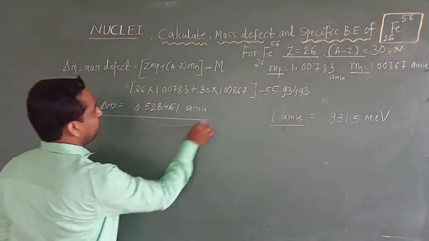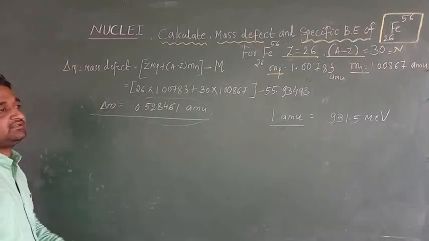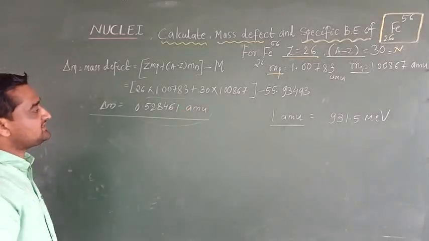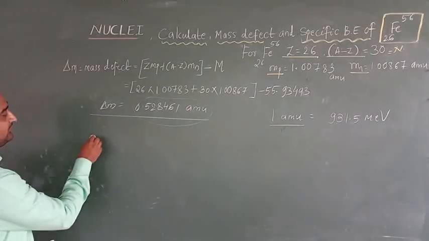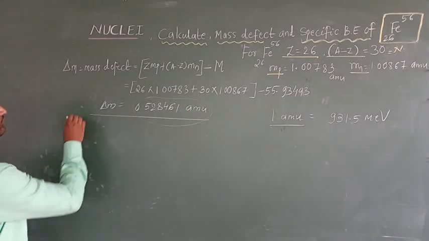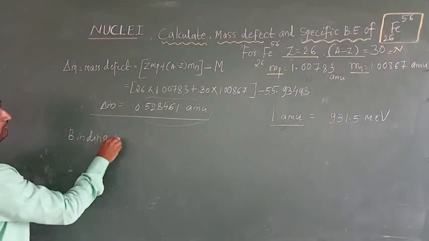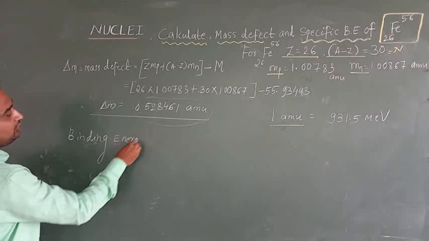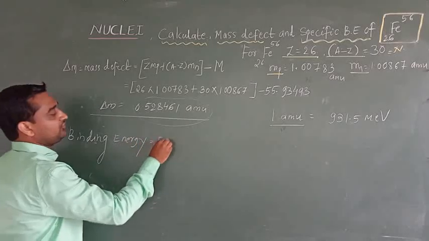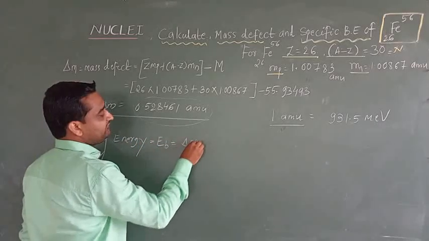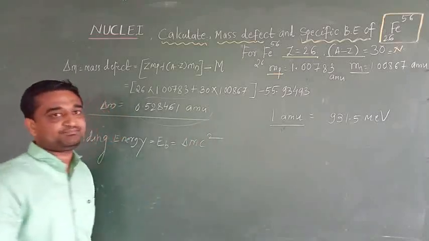So then we can calculate the energy by using the binding energy. After binding energy we have to calculate the specific binding energy. So binding energy EB is equal to what? The mass defect into c square.